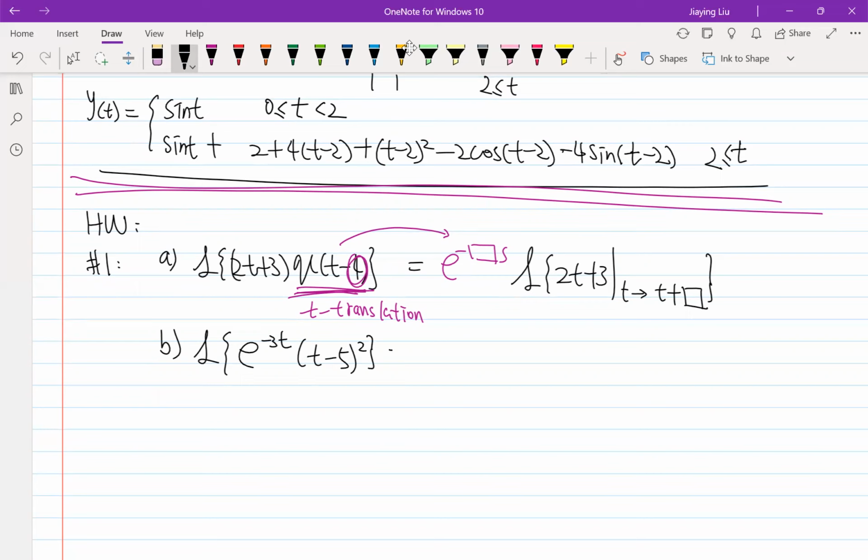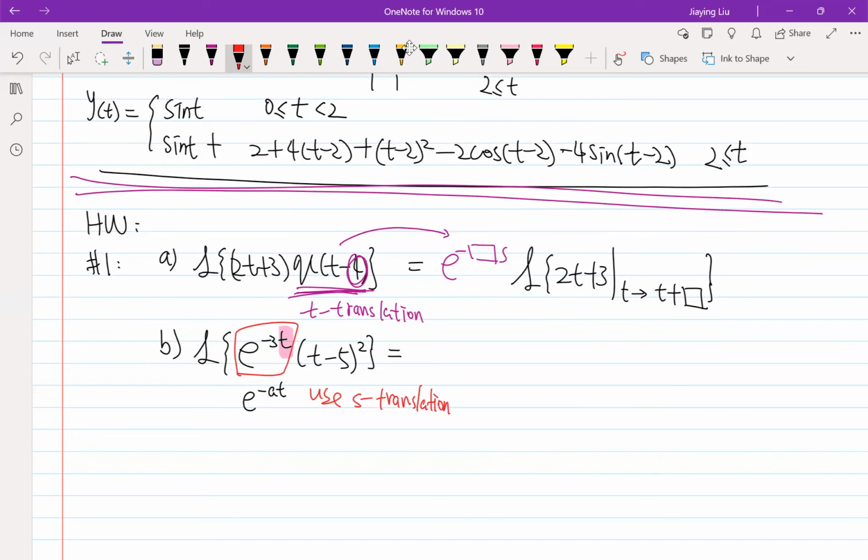So if you have something like this, here we begin with e to the negative at, and it's very important to pay attention. It's a function of t there, not s, because that could be confusing. It shouldn't be s. When we find the Laplace transform of some function of t, it should be t there. So here we have exponential e to the negative at. This should be an indicator that we need to use S translation.